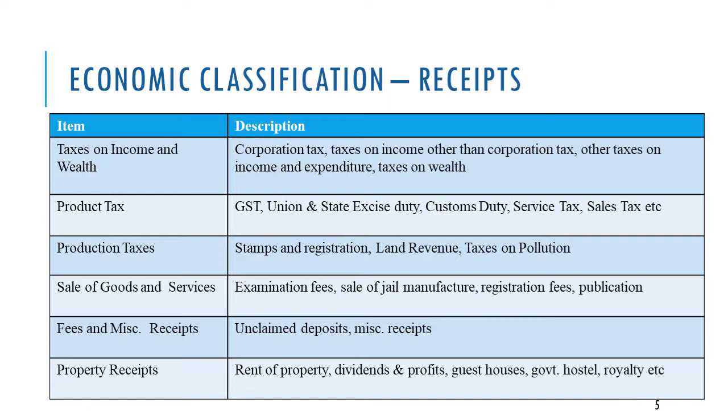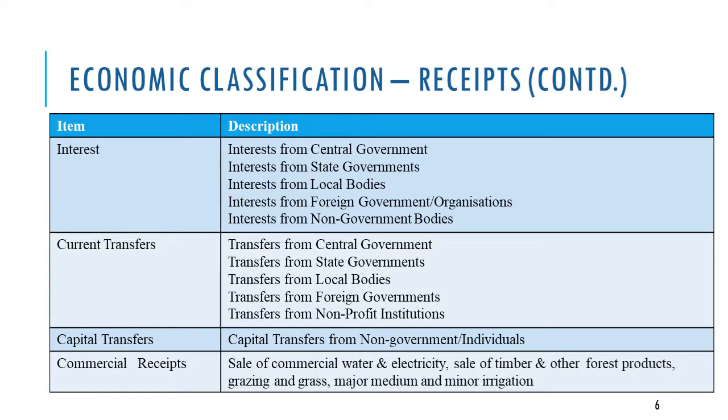Non-tax receipts include sale of goods and services, property receipts from rent, dividends, profits, and miscellaneous receipts. The non-tax receipts also include interest received, transfers, and commercial receipts from sale of water, electricity, timber, etc. Interest and transfers may be received from central government, state governments, local bodies, foreign governments, or non-government bodies.